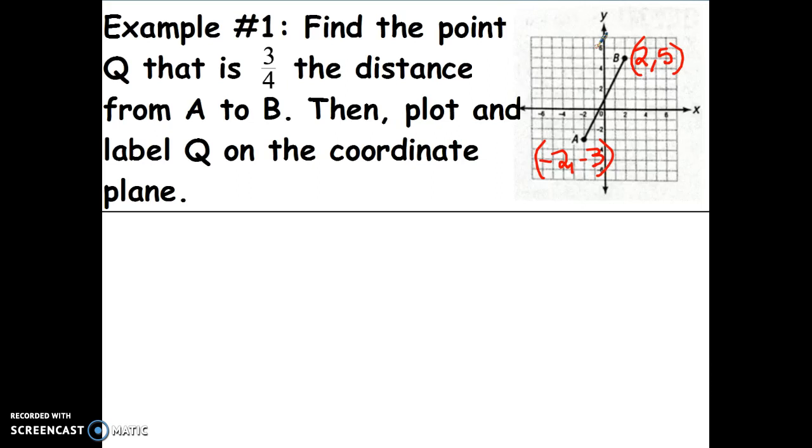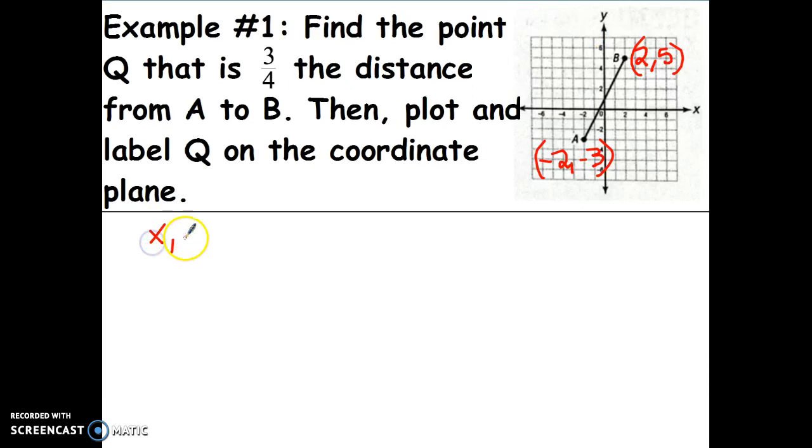The first thing that we need to do, and I stress that you do this until you get the hang of it, is go ahead and write down the formula. The formula that we're going to be using for this one, since we're provided with a fraction, is the bottom formula.